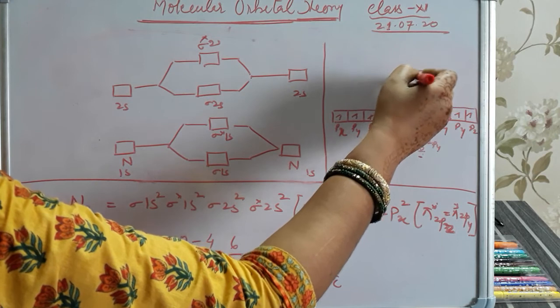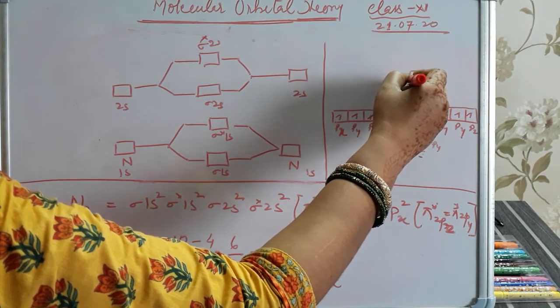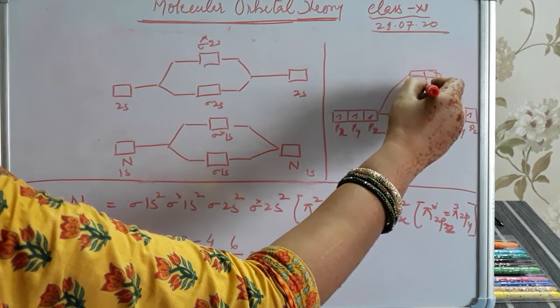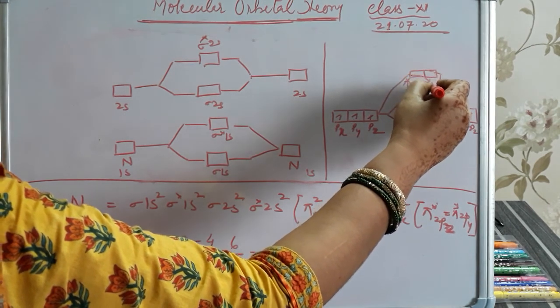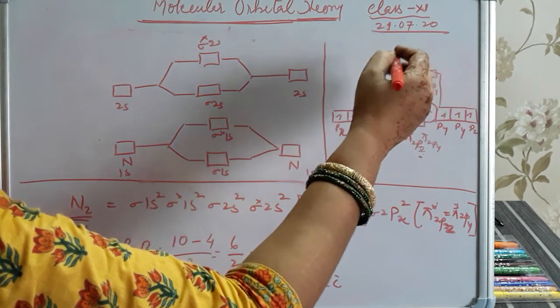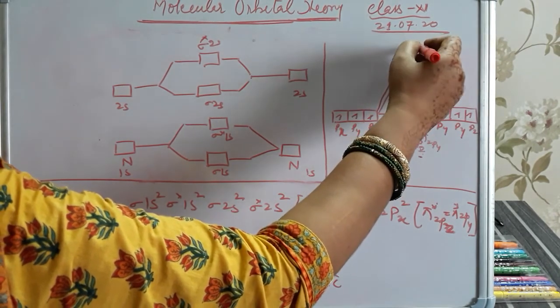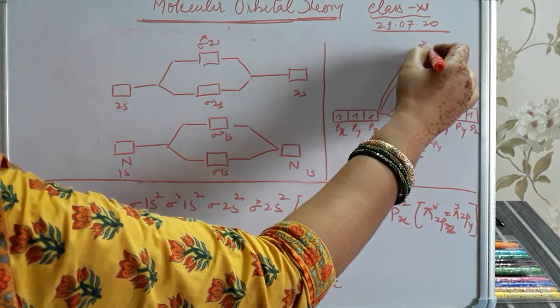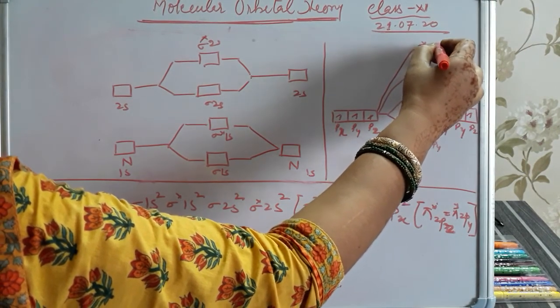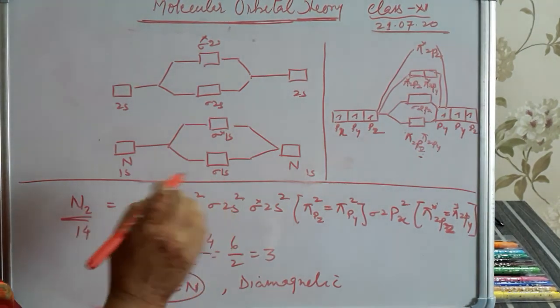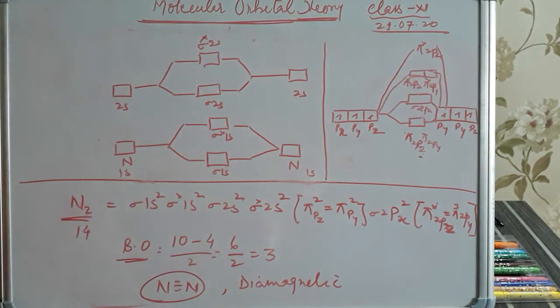So here pi anti-bonding 2pz, pi anti-bonding 2py, and the highest energy has pi anti-bonding 2px. So in this way you can fill the electrons present in the nitrogen.